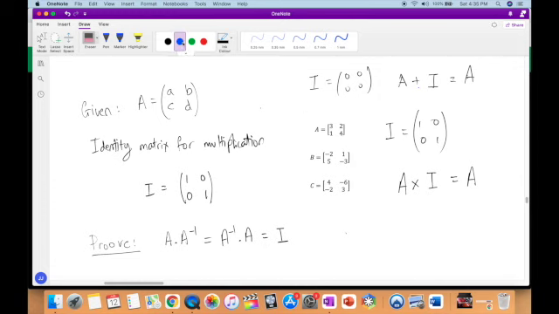Okay? And if you want, over here you could put the identity for multiplication being 1, 0, 0, 1. So write down everything here. Don't write down this, but write down everything here and let me see it done.